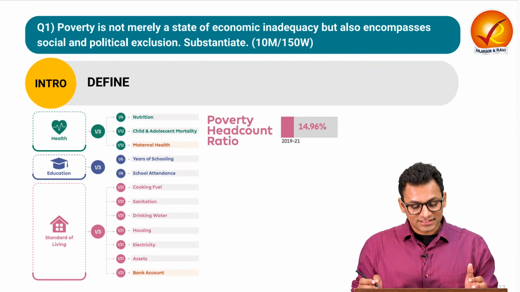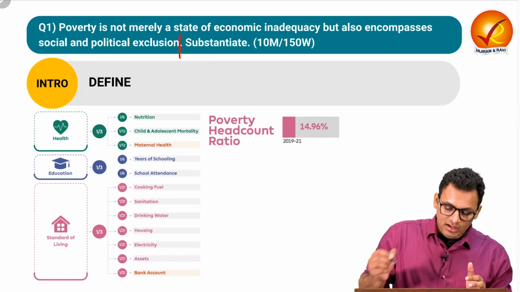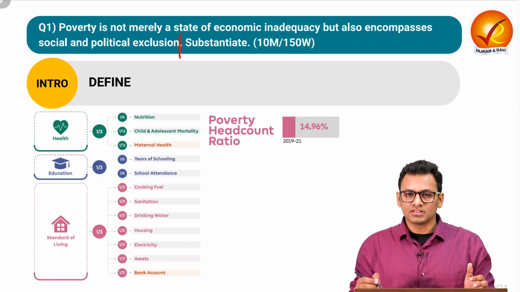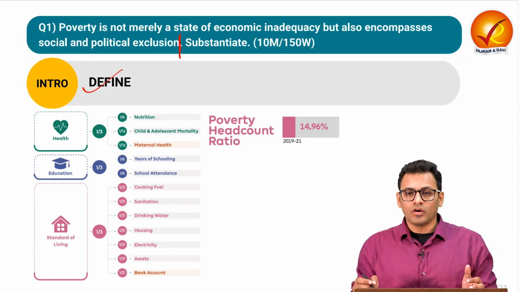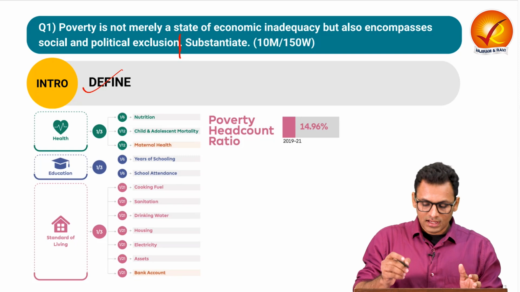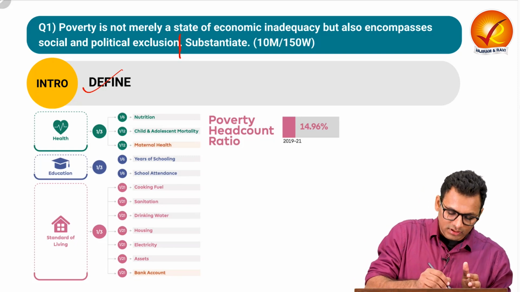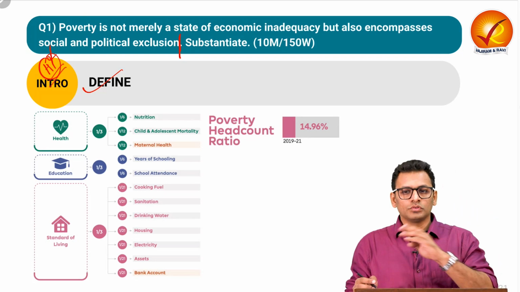Poverty is not merely a state of economic inadequacy, but also encompasses social and political exclusion. Substantiate. Now, this is a very straightforward question. In the introduction, you have the opportunity to define. In the body, you have two headings. In the first heading, you can talk about how social exclusion is leading to poverty.